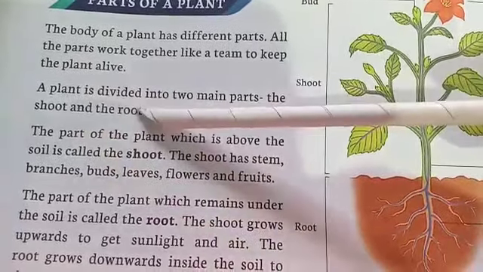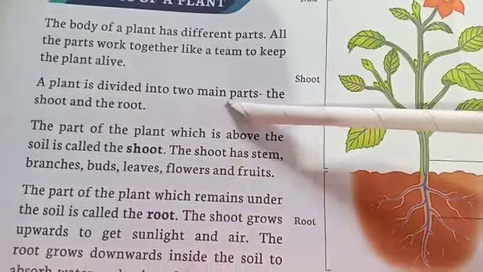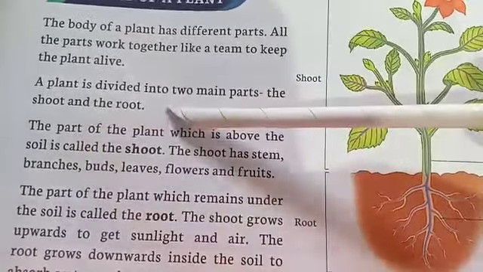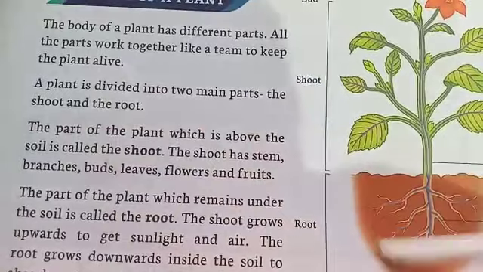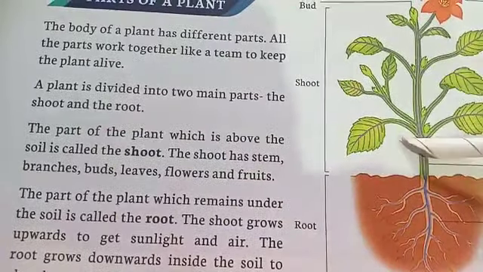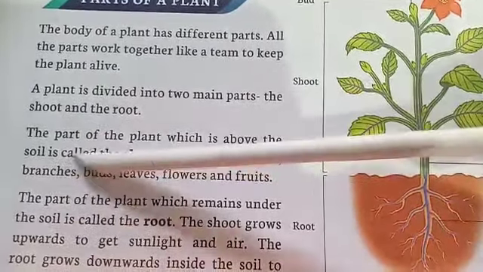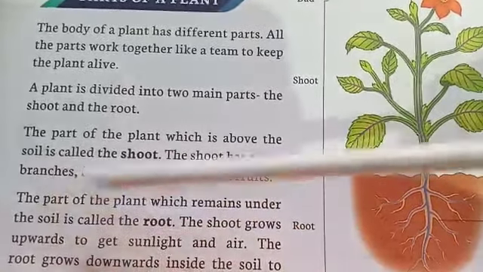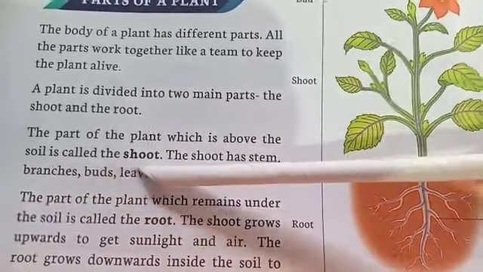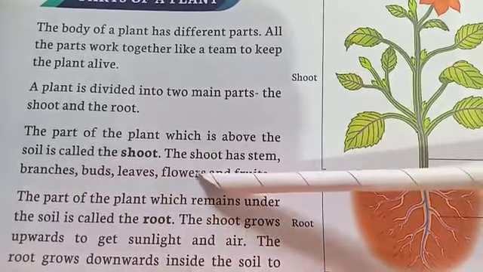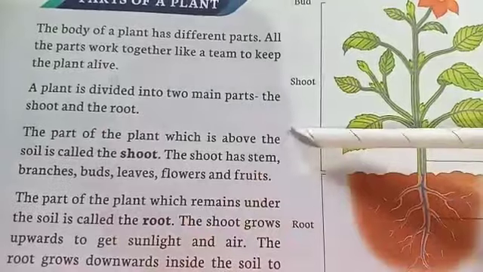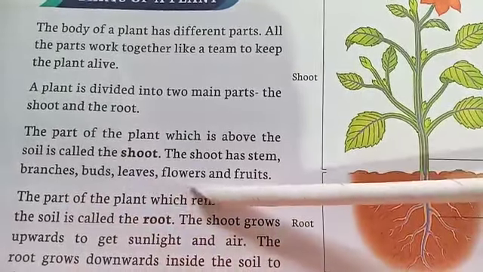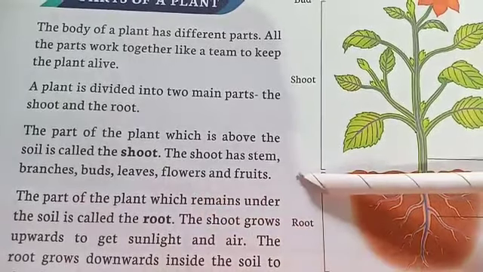A plant is divided into two main parts, the shoot and the root. You can see this is the root and this part is the shoot. The part of the plant which is above the soil is called the shoot. The shoot has stem, branches, buds, leaves, flowers and fruits.